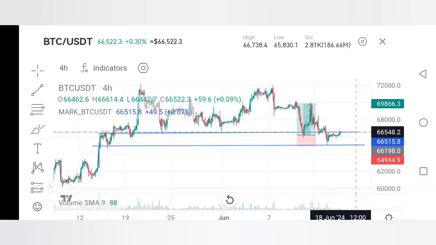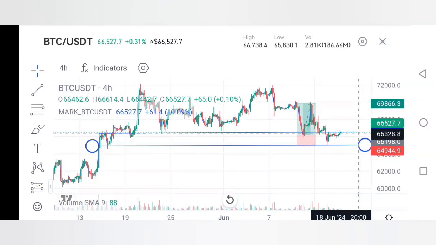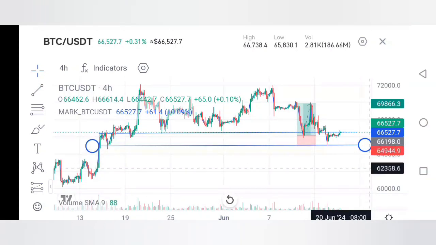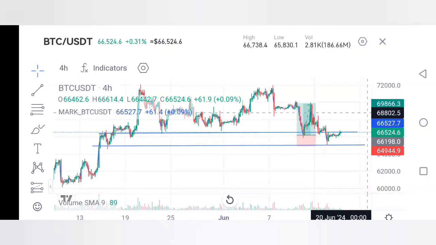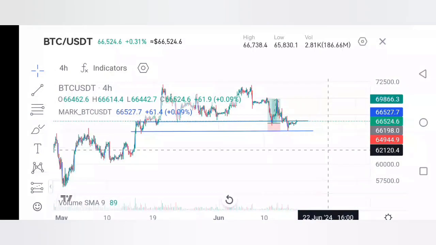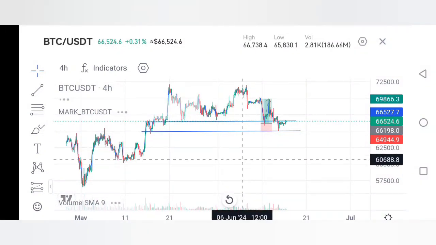So to my own suggestion, I will be expecting the market to continue a downward trend, and the next support line will be at around 60,000.